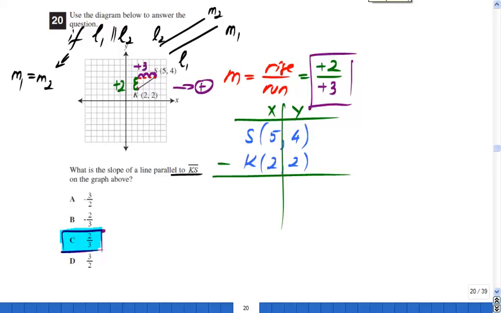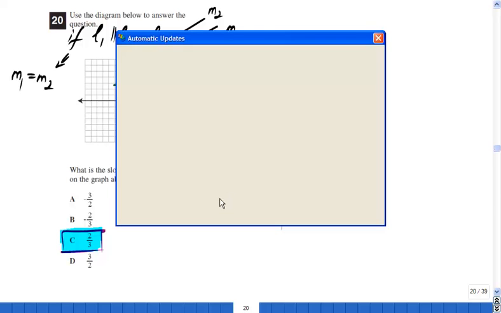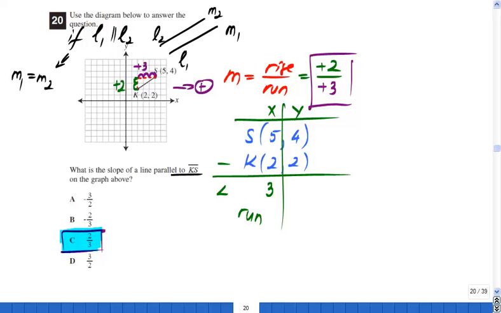All right, subtract X from X: 5 minus 2. That's going to be 3. This is your run, or if you want, your change in X.